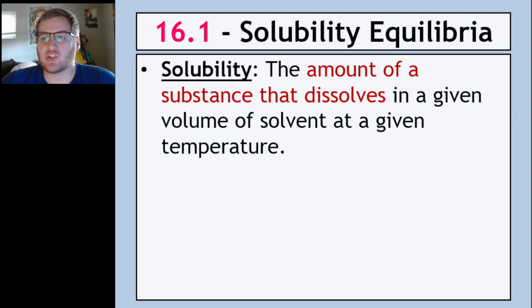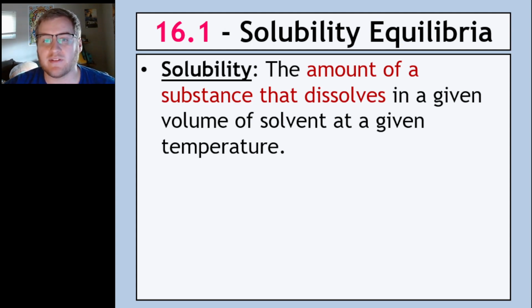So, starting with solubility equilibria. See that word equilibria? It means equilibrium. It's just like the plural form. Solubility is the amount of a substance that dissolves in a given volume of solvent at a given temperature. So if I say the solubility of a salt is like 5 molar, that means I can dissolve 5 moles of it per liter.